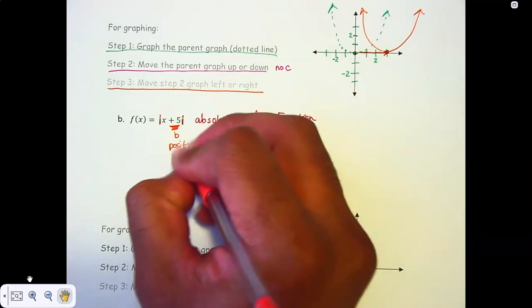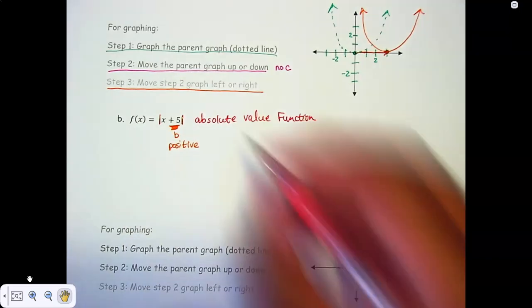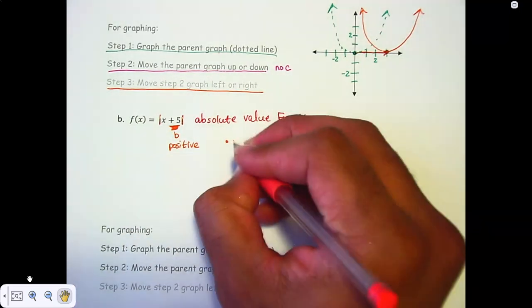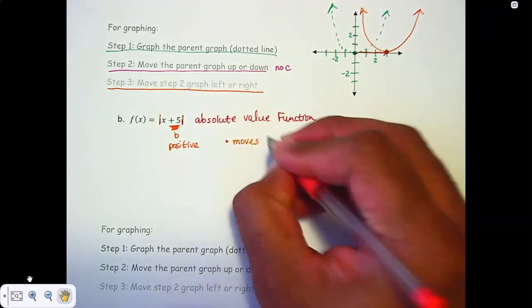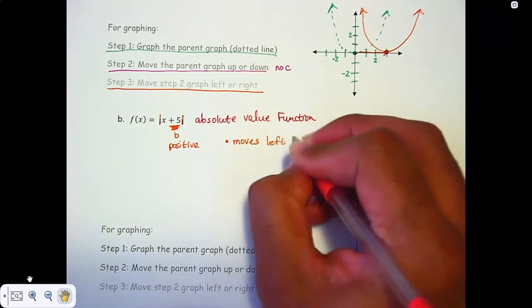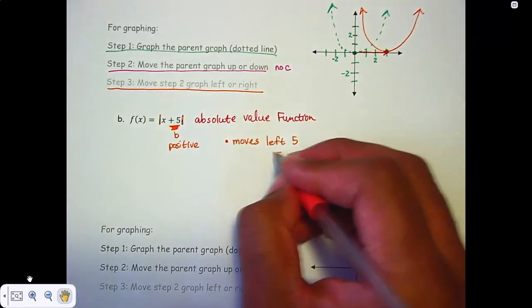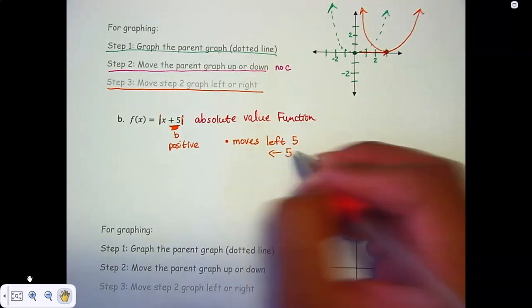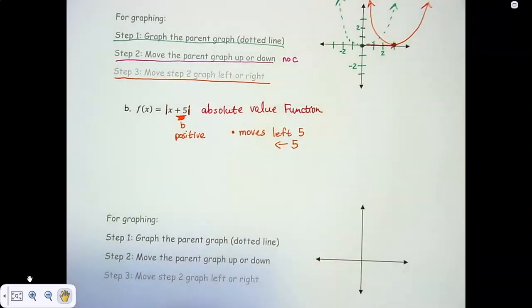So that means that we are going to move left 5. So we're moving left this time, this way. Again, there's no C back there, so we can't move up or down. So we're just going to do left.